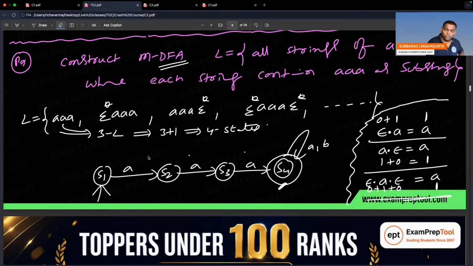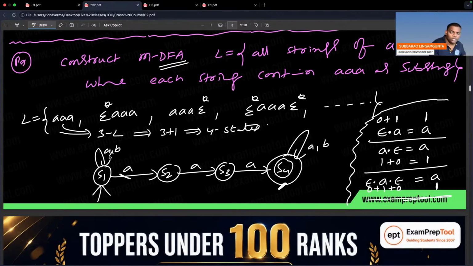Next, after S1, AAA will come. Before AAA, any number of A's and B's can come, and afterwards AAA will come. Before AAA, anything can come. I can write A comma B also, but it is a DFA.